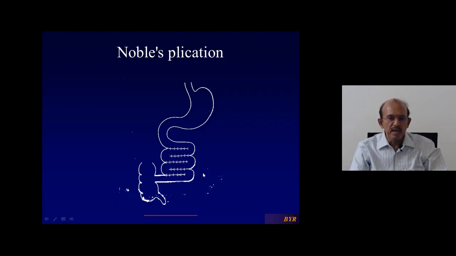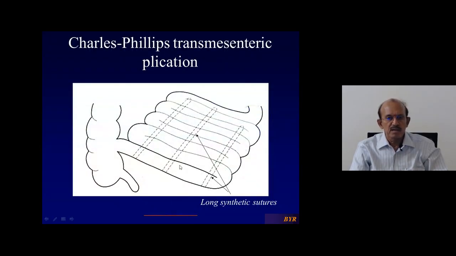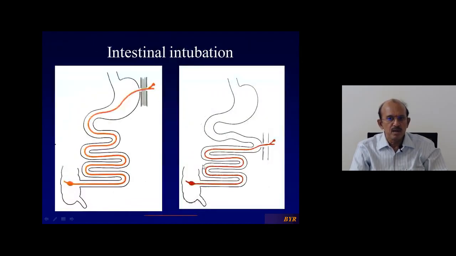But it's very difficult to do like this. Some people keep the bowel loops like this, and they put long synthetic suture materials through the mesentery to keep them in this position. And some surgeons put a long tube through the bowels and keep it like that, because the tube is a stiff structure.